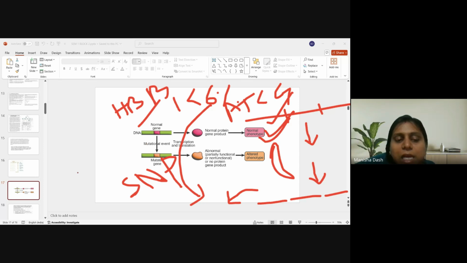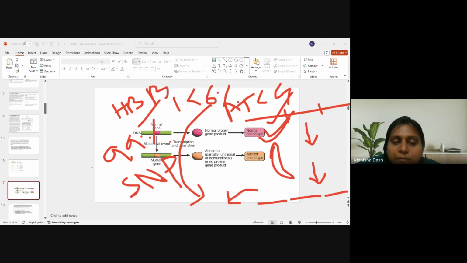But for a single nucleotide polymorphism, there will be variation in the bases, and the variations will be present in like 90% of the population. Also, due to the variation of the DNA base, no abnormality or disease phenotype will be present in the population. So that is how you differentiate between a polymorphism and a mutation.